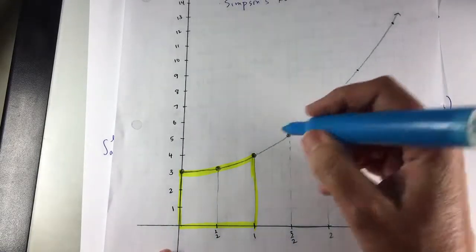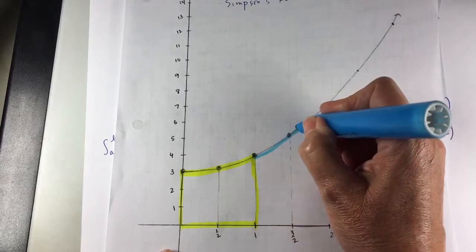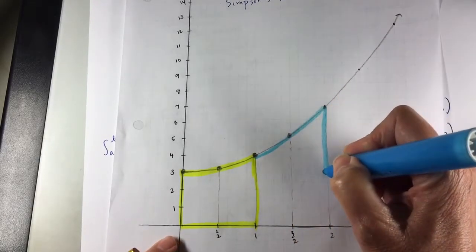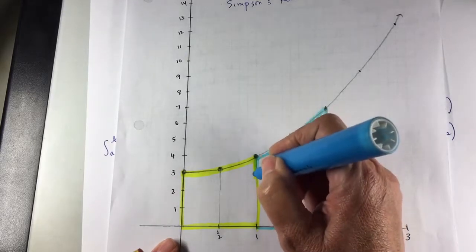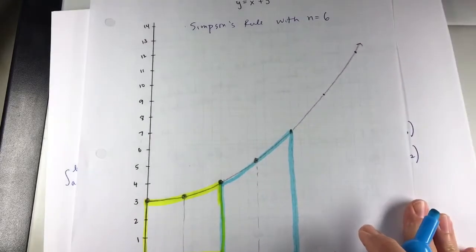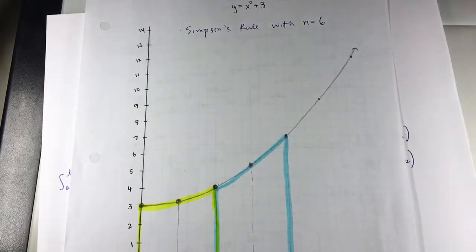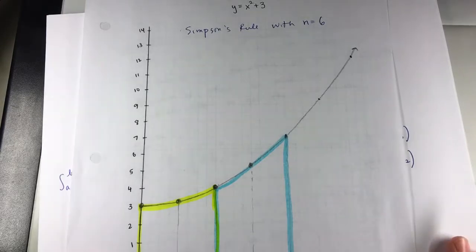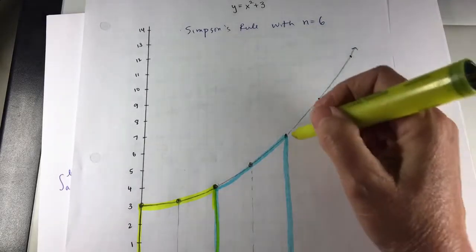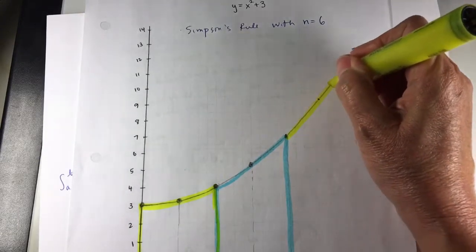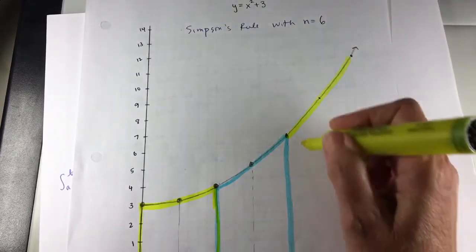I'm going to put this one in blue. Now look, this is a kind of strange problem to do Simpson's rule with. Do y'all notice something kind of strange about it? Let's just keep working it. Strange might not be the correct word.